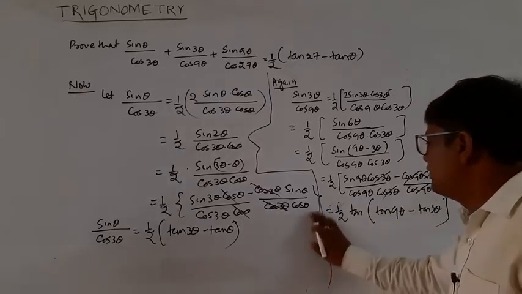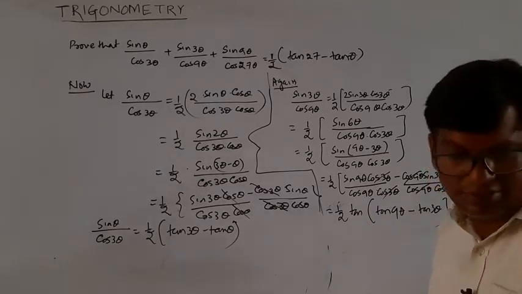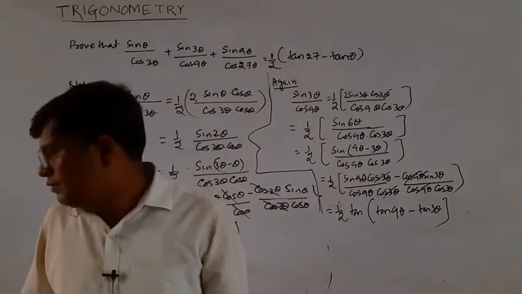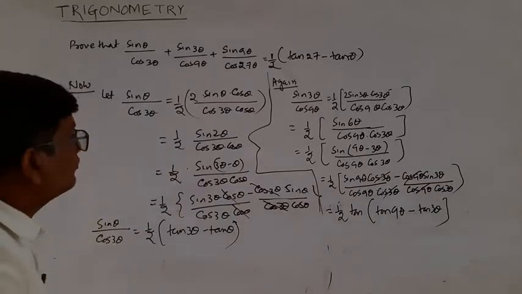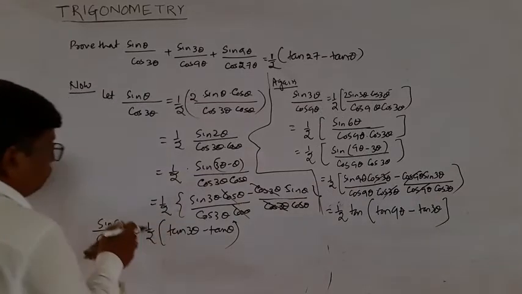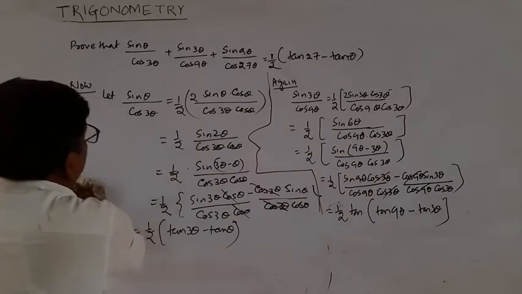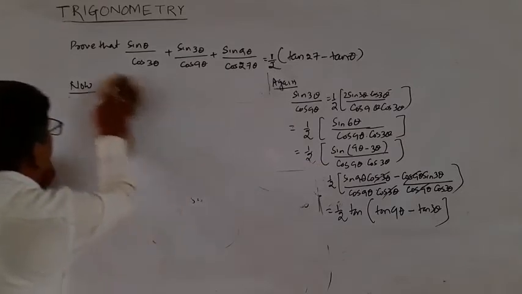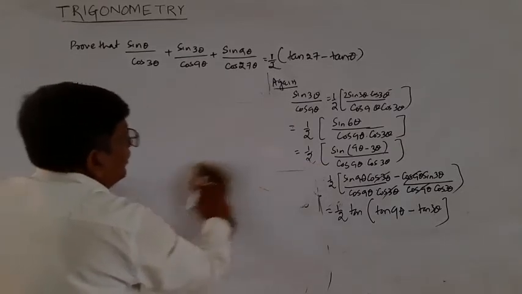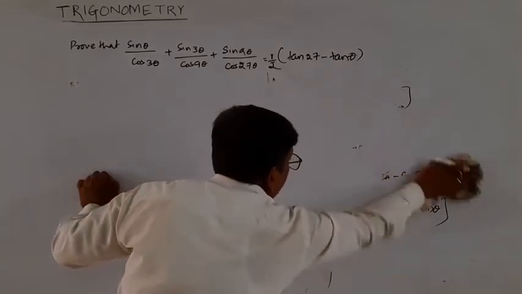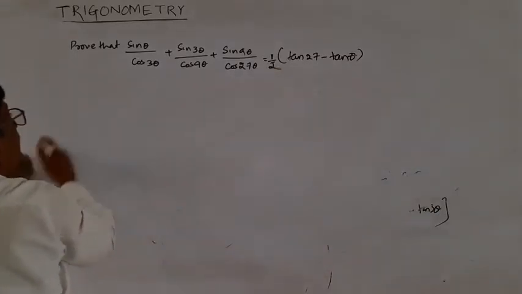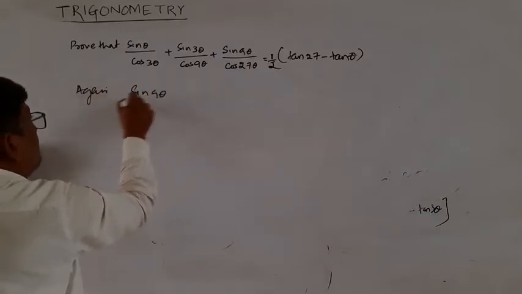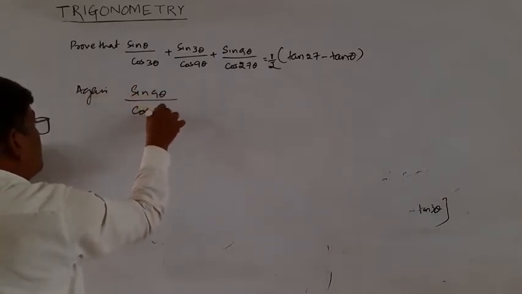Similarly, we can find the third term: sin 9 theta divided by cos 27 theta.